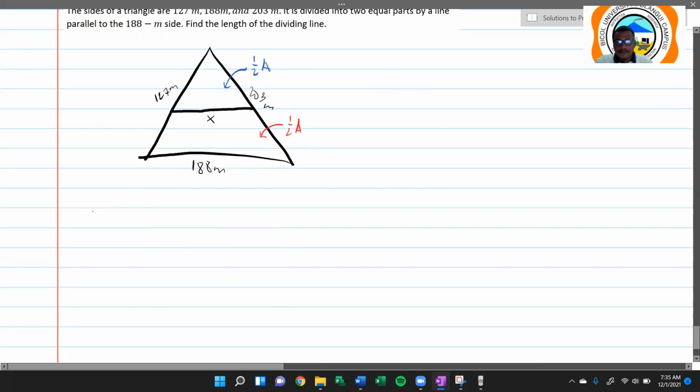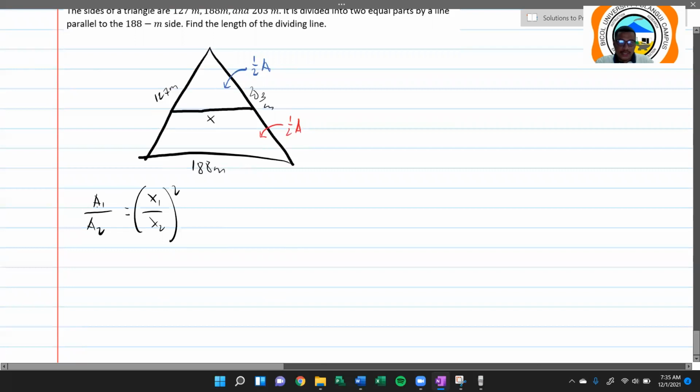So we have the equation regarding the areas of similar triangles: the ratio of the areas of two triangles is equal to the square of the ratio of the corresponding sides.